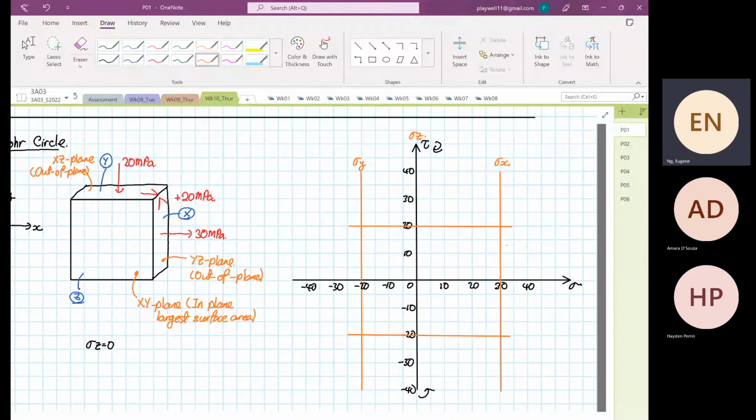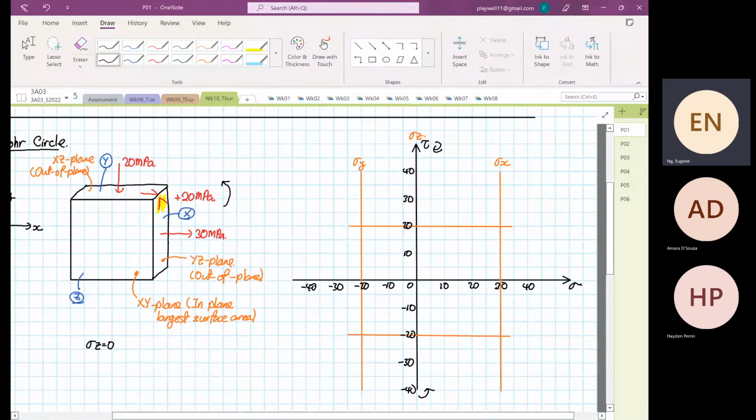You have tensile 30 megapascal, and the 20 over here, which I'm highlighting in yellow, is going to generate an anti-clockwise rotation. So this is your point X. And on the other surface, on Y, this arrow is going to induce a clockwise rotation. So this is your point Y.